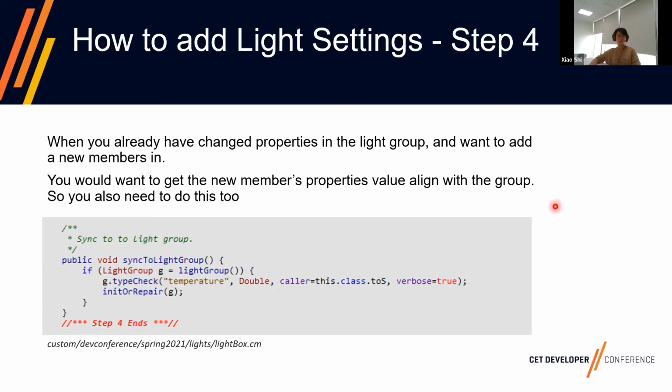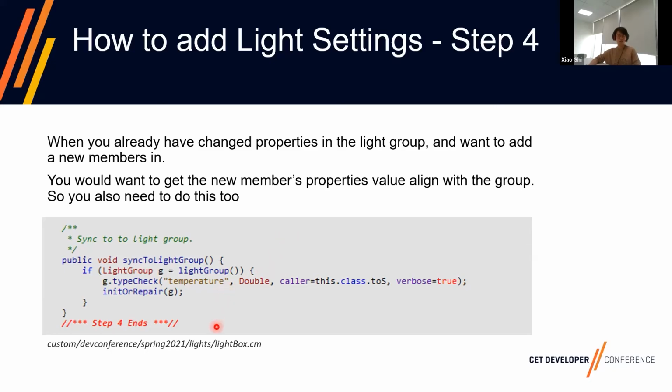So one more call that you have to do is the sync to light group, which happens when you bind a new group to the existing ones, and it will call to the snappers, i.e. the new members.